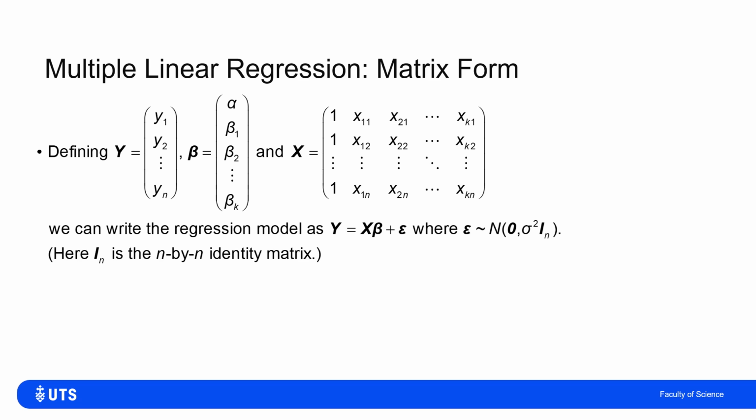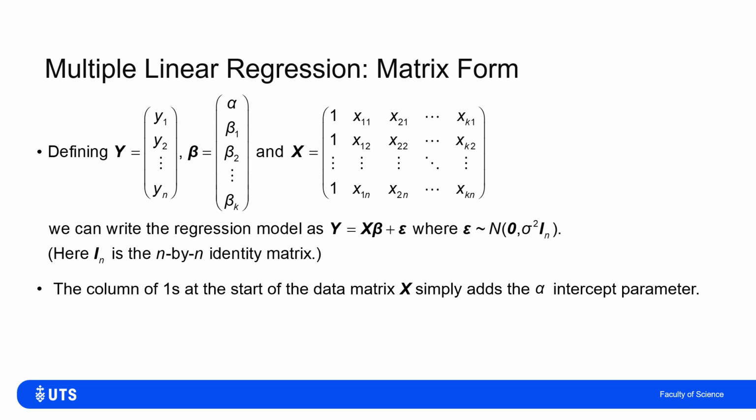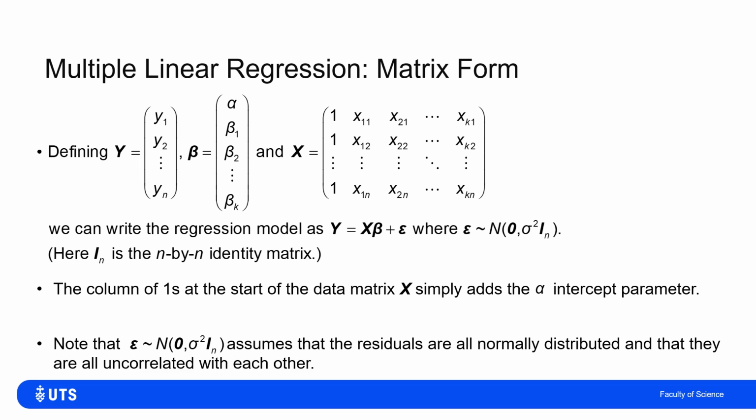So what that's saying is that the residuals are drawn with constant variance and no correlation between them. So that's the first time we're starting to introduce some distributional assumptions.